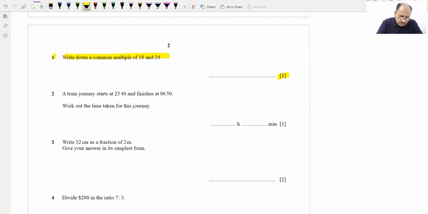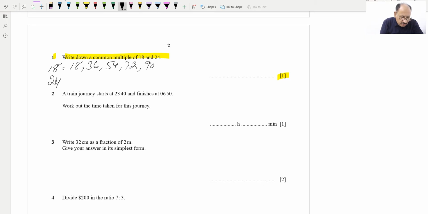This is a 1 mark question. No working is required, but I'm writing working for your explanation. Multiples of 18 are 18, 36, 54, 72, and then 90.